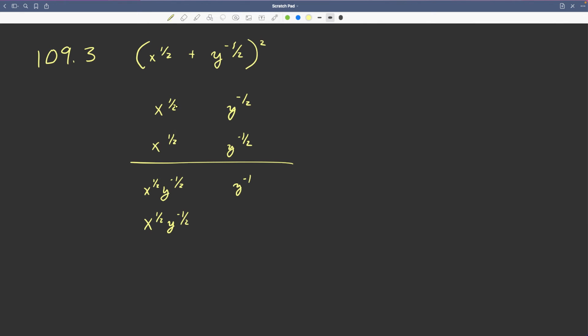And then we have x to the 1/2 times x to the 1/2, and that's just going to be a positive x to the 1. So when we add all these together, we get x plus 2x to the 1/2, y to the negative 1/2, and then a positive y to the negative 1, and that would be our answer.